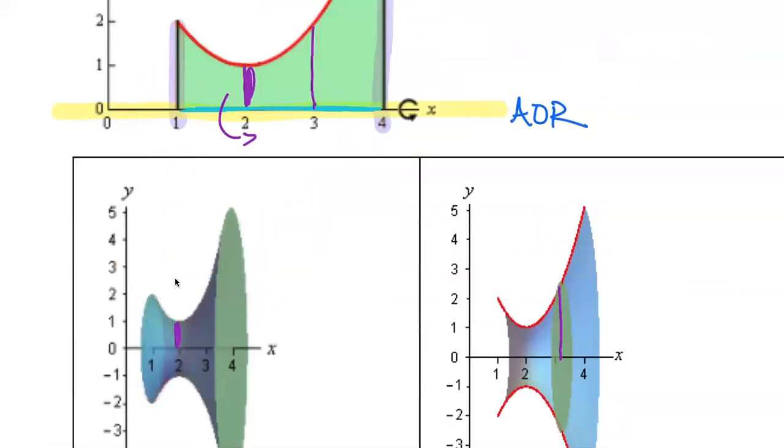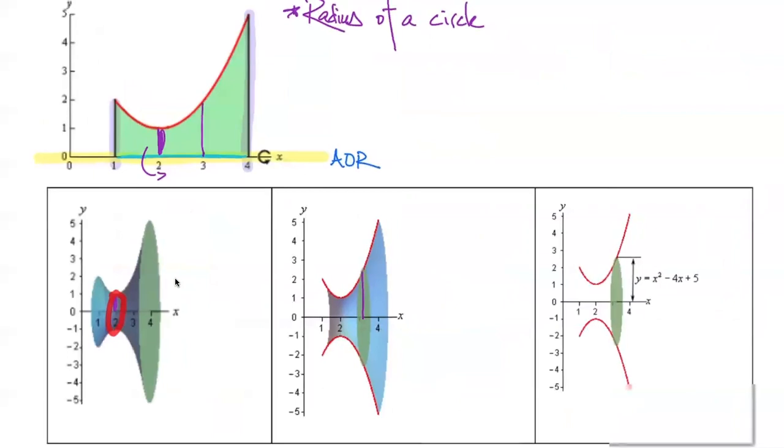This is a radius, and when I spin it around, I end up with this circle. This is a very large radius, and when I spin it around my axis of revolution, I end up with this really large circle down here.